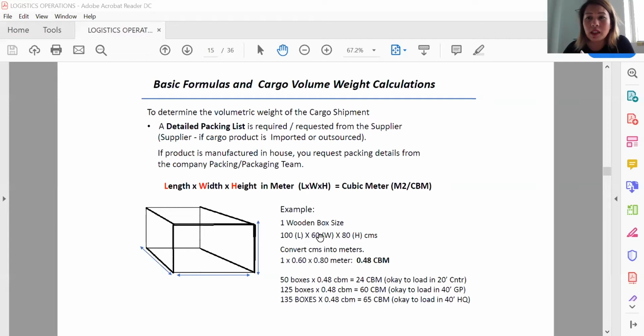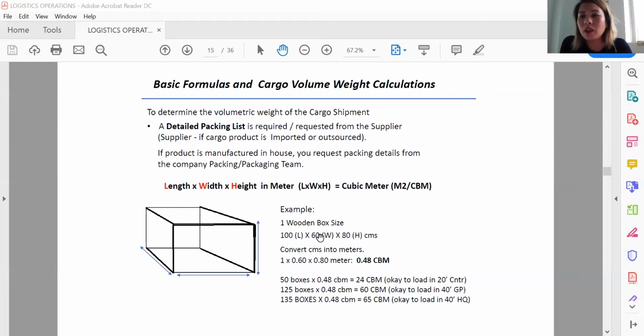So the airline will not charge you based on the volumetric weight. The airline, the courier company, the logistics company will always charge you based on whichever is higher: the total gross weight or the total volumetric weight. Let's say the volumetric weight is only 3 CBM.